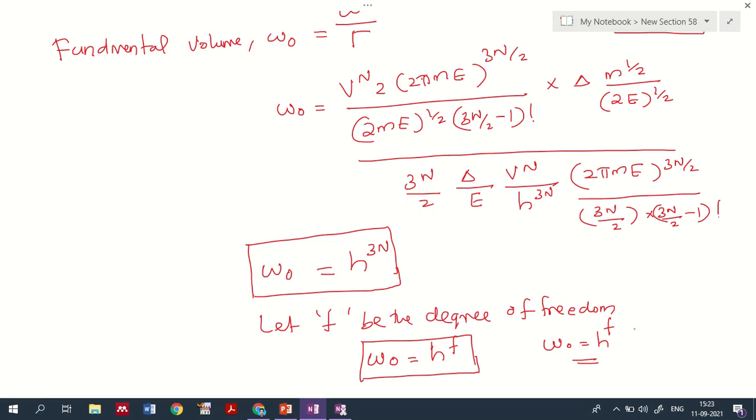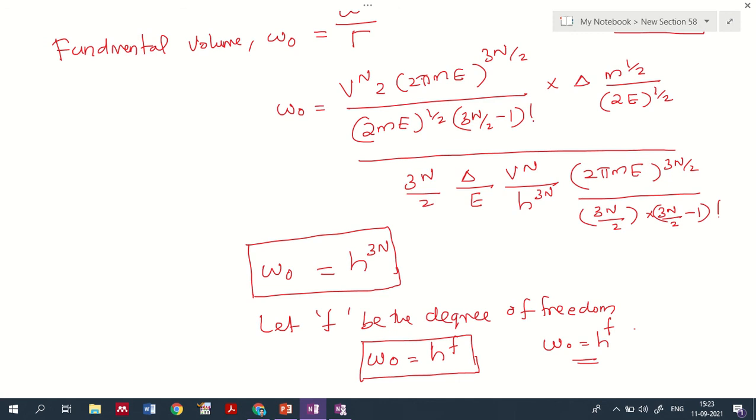That is the Hamiltonian, and it contains only the kinetic energy term, because the particles in a classical ideal gas are non-interacting. So the potential energy will be 0, and the total Hamiltonian represents only the kinetic energy. From that kinetic energy representation we later found the momentum space limitation.